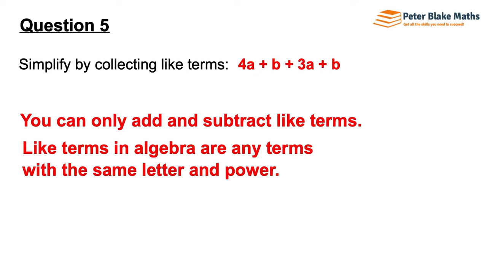You'll notice we have the same letter and power in 2 pairs here. We have a 4a and a 3a, and a b and a b that can be joined. So 4a plus 3a makes 7a, and a b plus a b, or a 1b plus a 1b, makes 2b in total, for a final answer of 7a plus 2b.